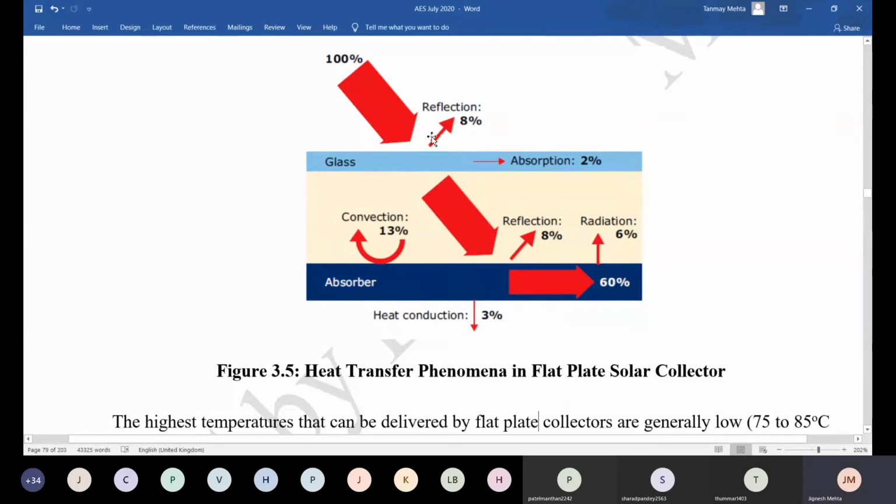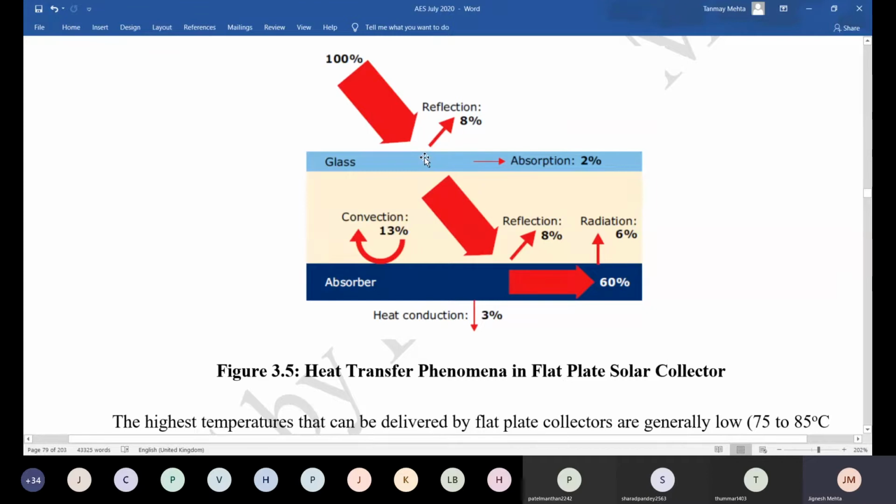If you use an even better quality glass, low iron glass, you might be able to reduce the reflection, or you can put anti-reflective coating on the glass and you might be able to reduce this percentage. But as of now, let us take this as, let's say, 8% reflection and 2% absorption. This means that there is some reflection occurring when the rays strike the glass.